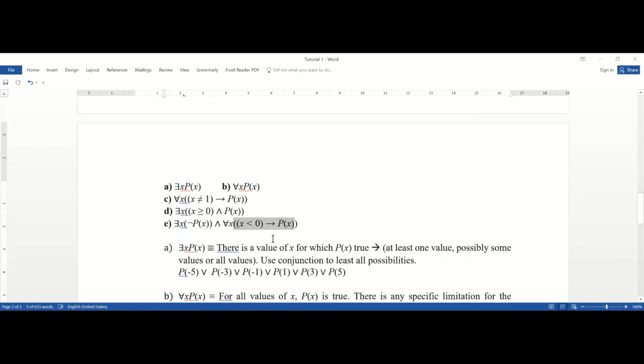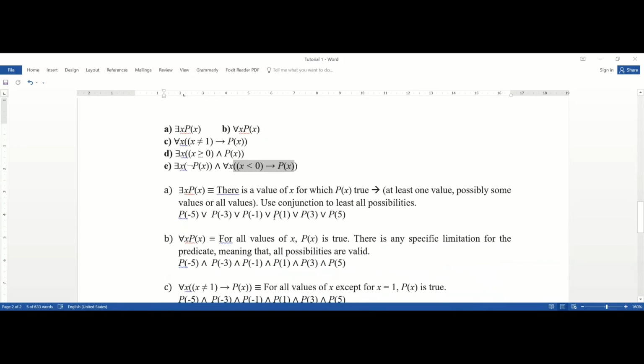And in this case, P(x) will be true if x is less than 0: P(-5), P(-3), P(-1). Remember that this is universal, so we will take their ANDing. The first part, ORing all of them, but negated.